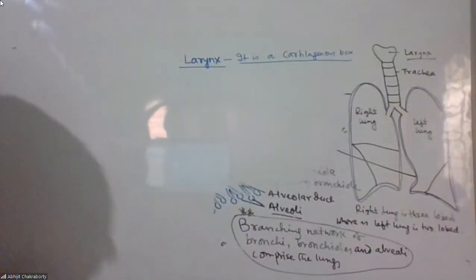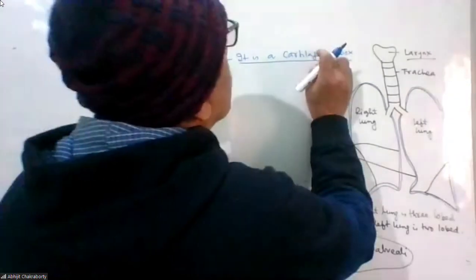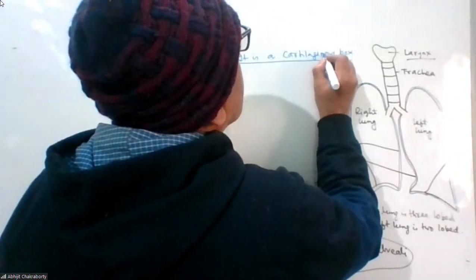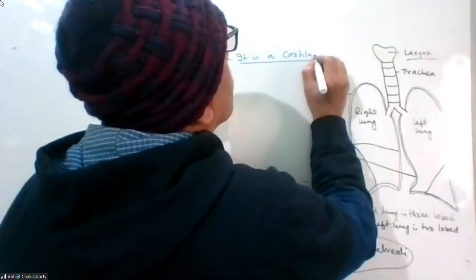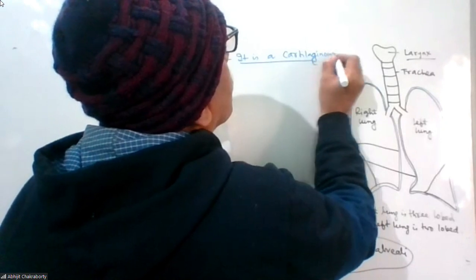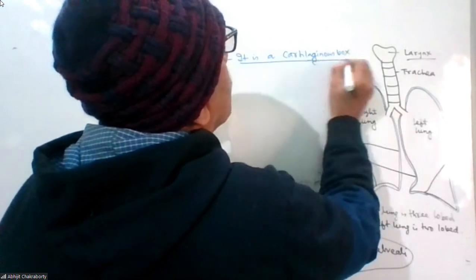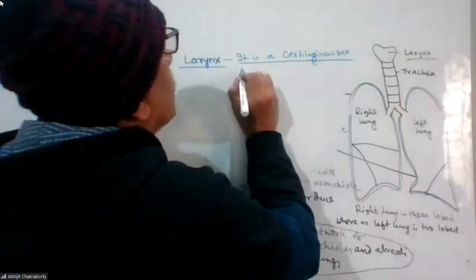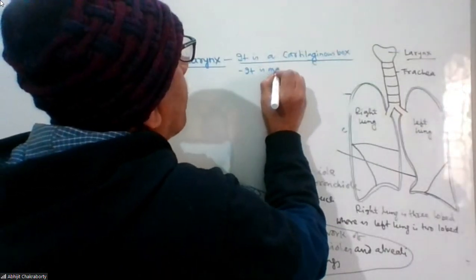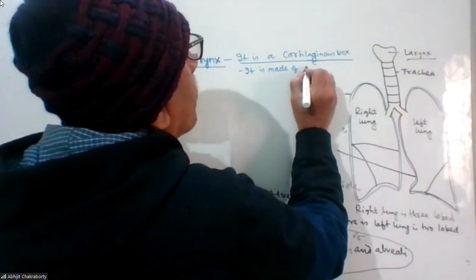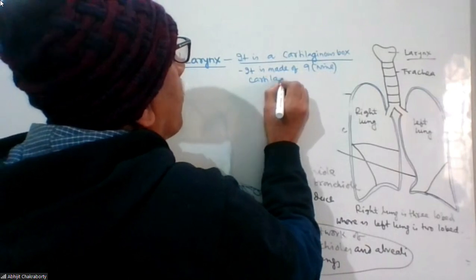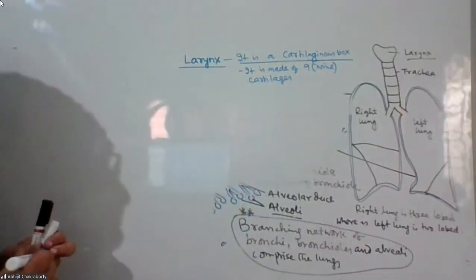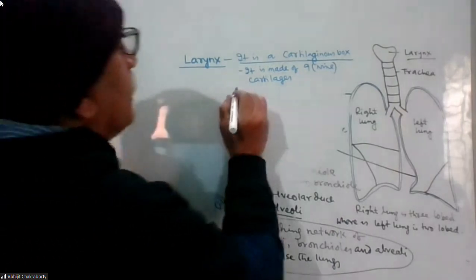It is a cartilaginous box. It's made of nine cartilages. What are the nine cartilages?